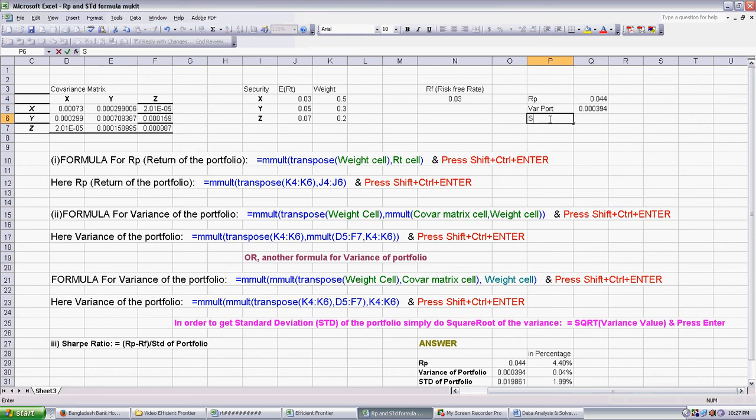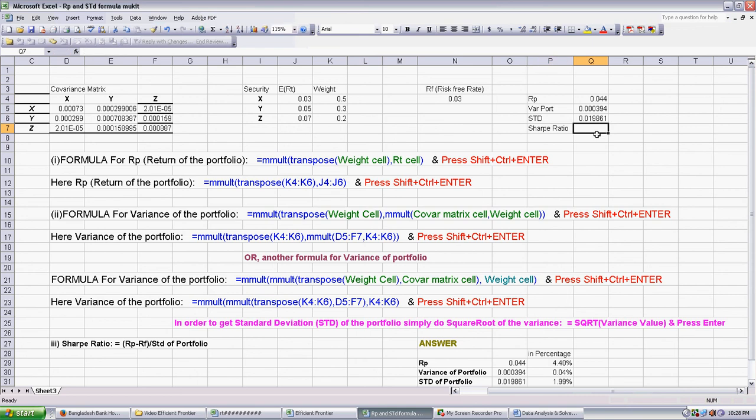Now we want to find the standard deviation of the portfolio. So equal to sign, just SQRT, we want the square root of this variance, so we will get our standard deviation, first bracket, this one, press enter, and we will get the standard deviation of the portfolio. And the last step is the Sharpe ratio.